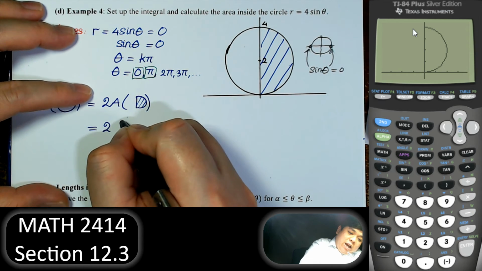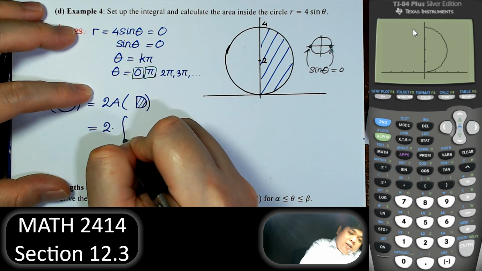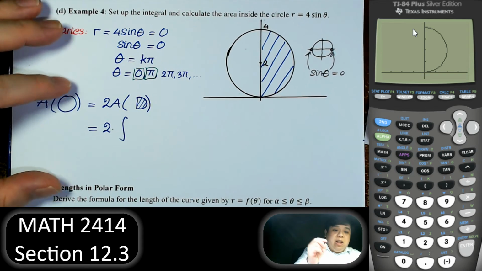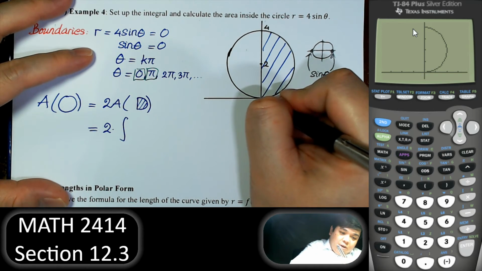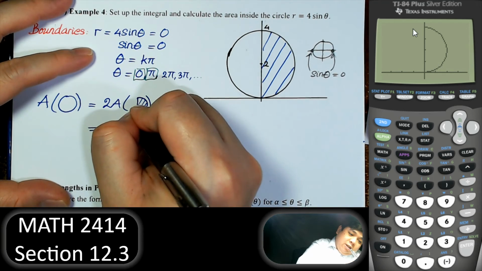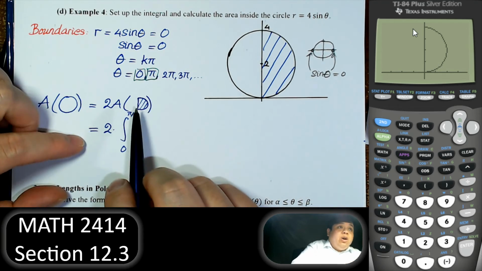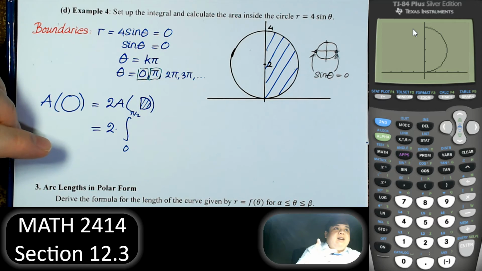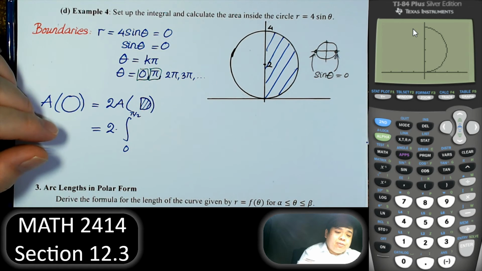And the area of the half is the integral. In that case, we set up the limit and we see it goes from 0 to pi over 2. Instead of going from 0 to pi, we cut that in half, just go from 0 to pi over 2.